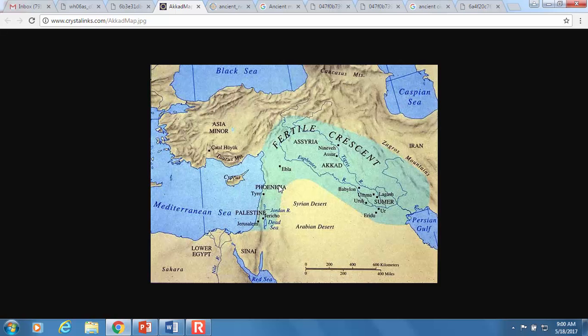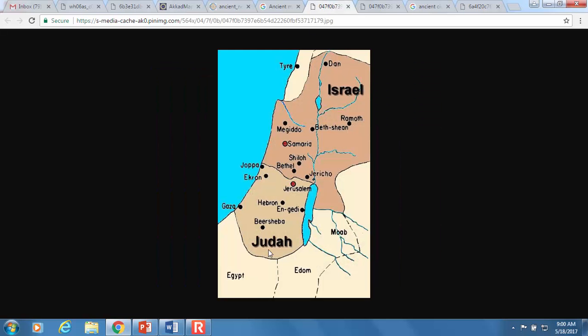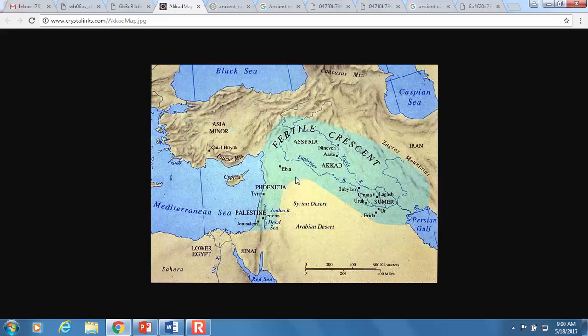The southern kingdom, Judah, survived. I didn't say it thrived. I said it survived, and that's a big difference. It survived, but barely. Meanwhile, the Assyrians eventually fell.